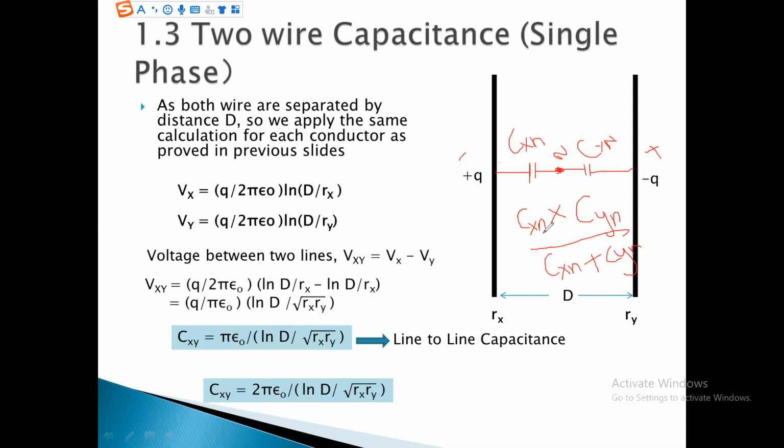Yes, I can. Okay. So if both of these capacitors are equal, I can write CYN as CXN. So CXN multiplied by CXN is CXN square, divided by CXN plus CXN, which is 2 CXN.